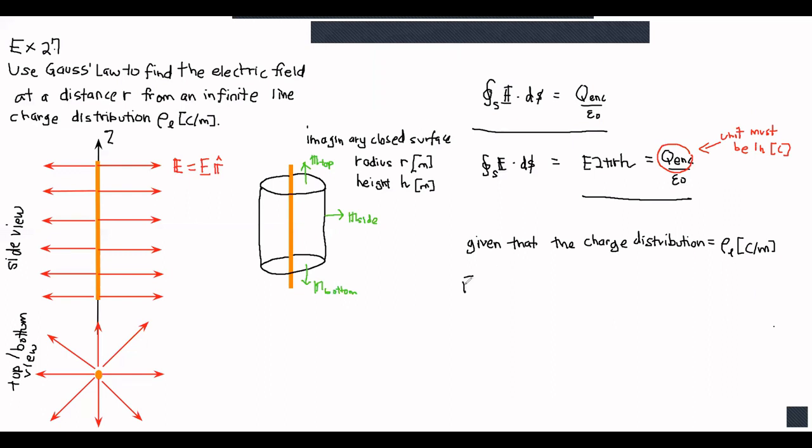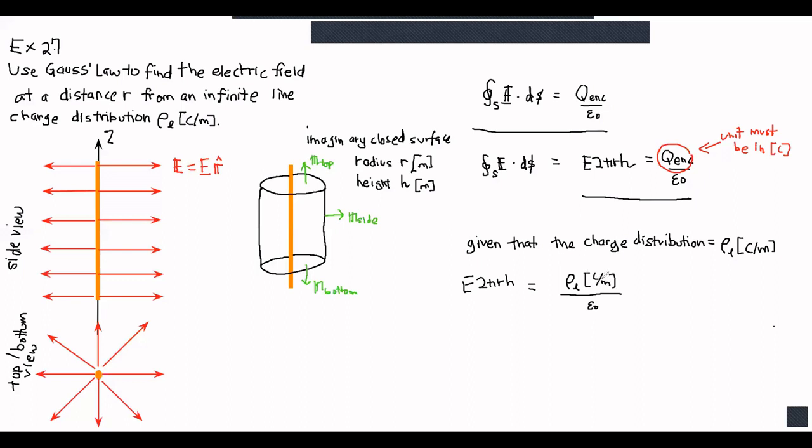So here, E 2 pi r h is equal to Q enclosed over epsilon 0. Now we are given rho L in the unit coulomb per meter.